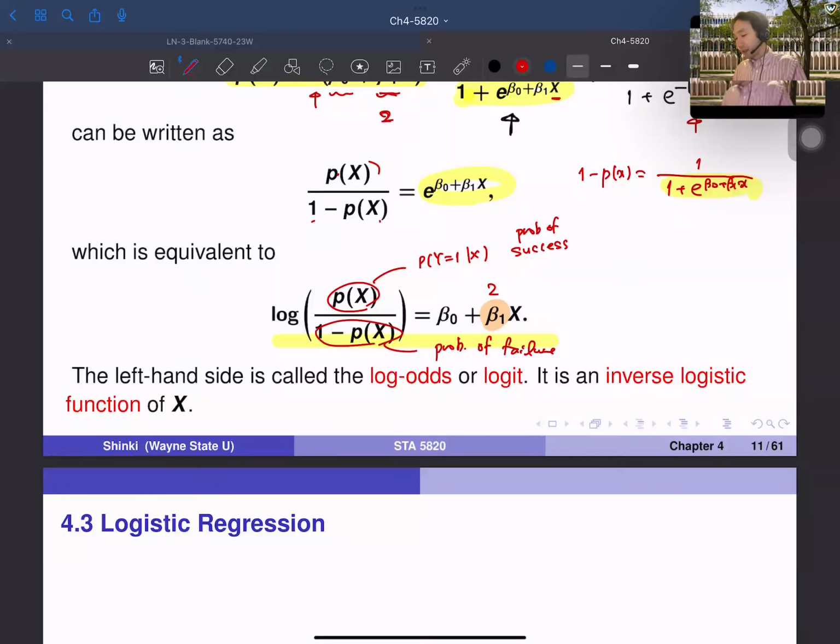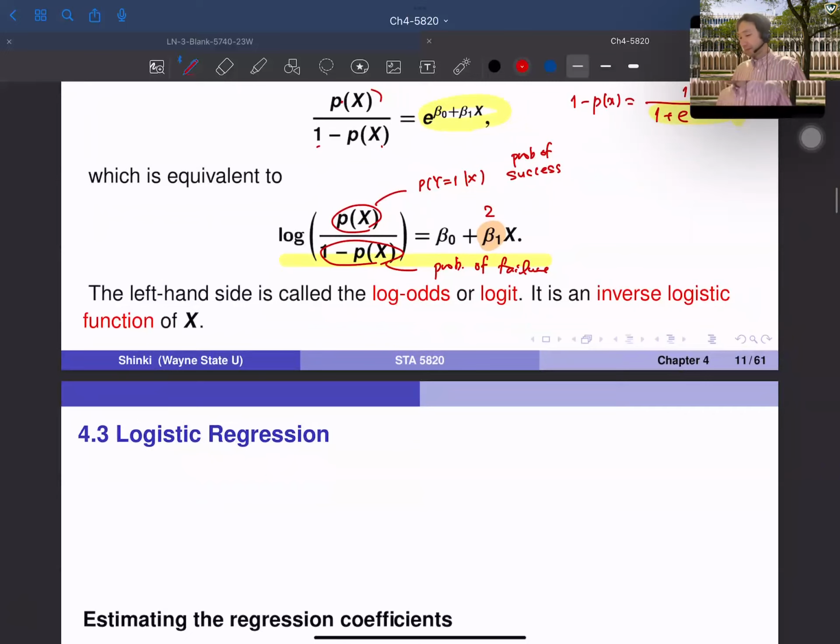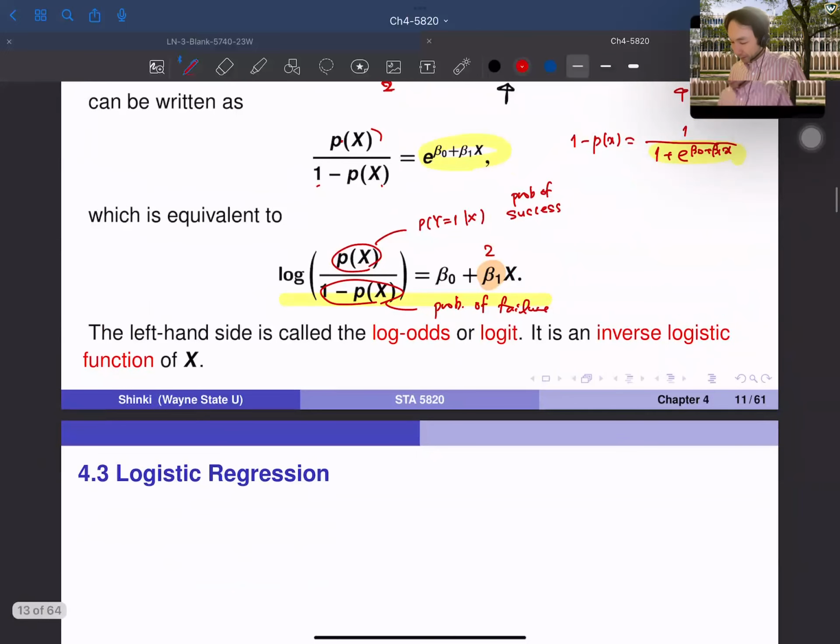And so log odds is the left-hand side. So we can see that beta 1 determines the change of log odds. So when x gets larger by 1, log odds gets larger by beta 1. So that is basically the best possible verbal explanation of beta 1.